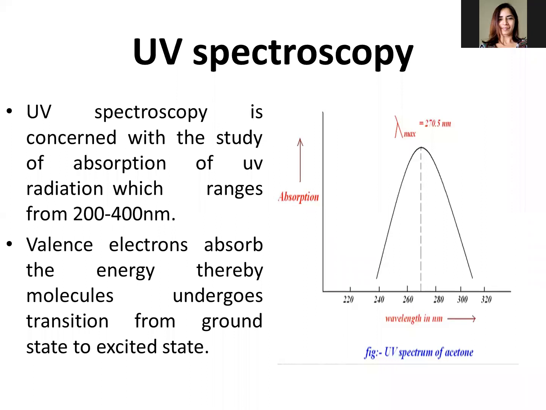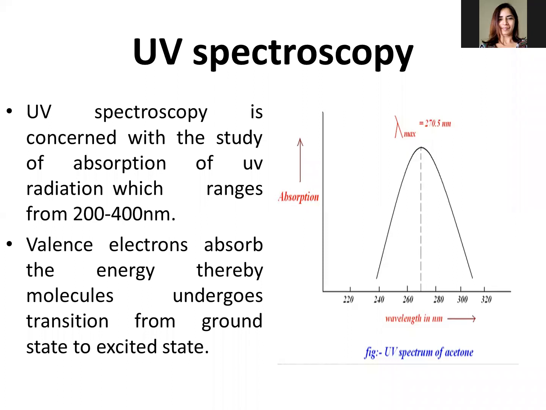Solvent polarity and pH also affect the absorption spectrum of organic molecules. Charge transfer complexes also give rise to color. The colors are often very intense in the case of charge transfer complexes.